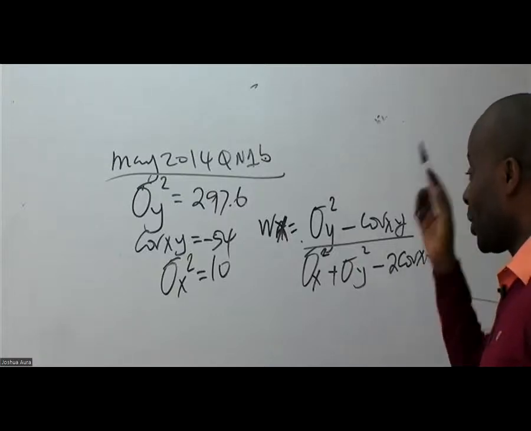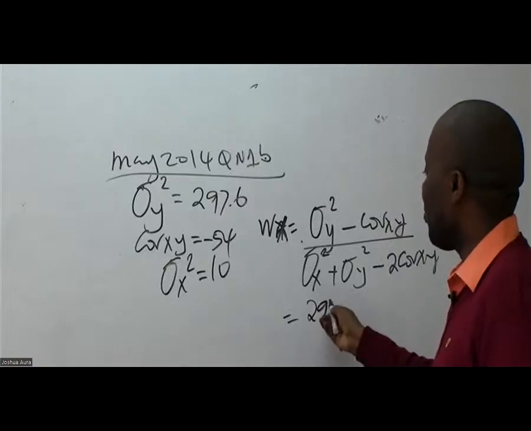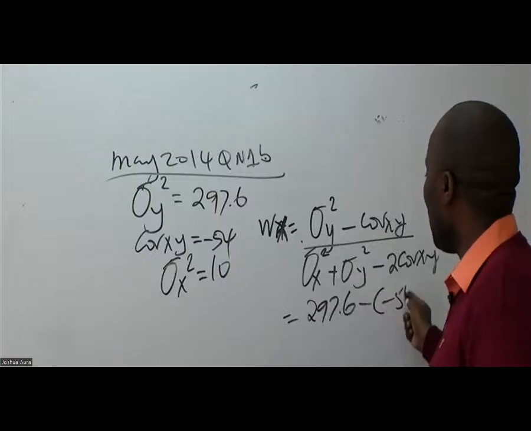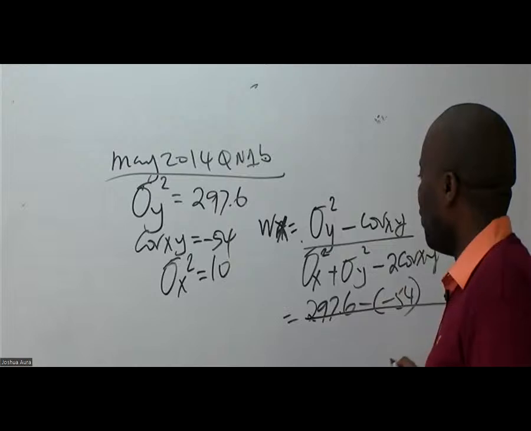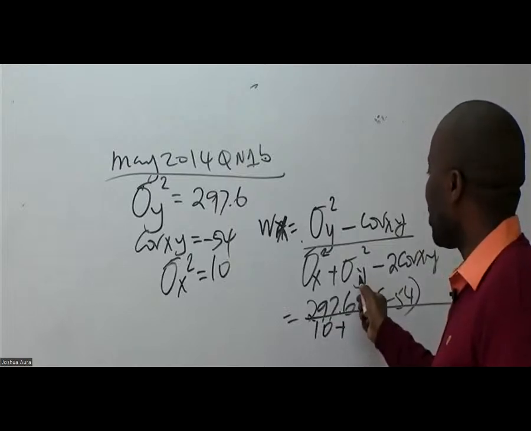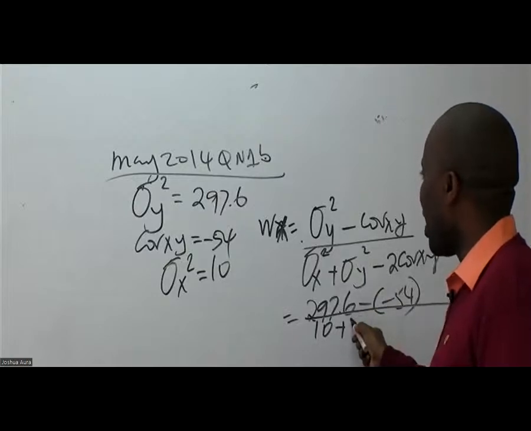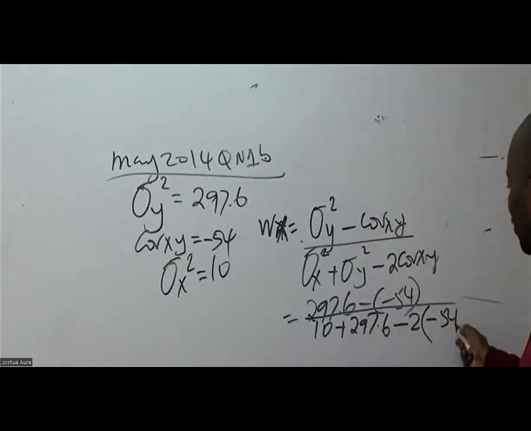So variance of Y is 297.6 minus covariance, which is negative 54, all over variance of X, which is 10, plus variance of Y, 297.6, minus twice negative 54.